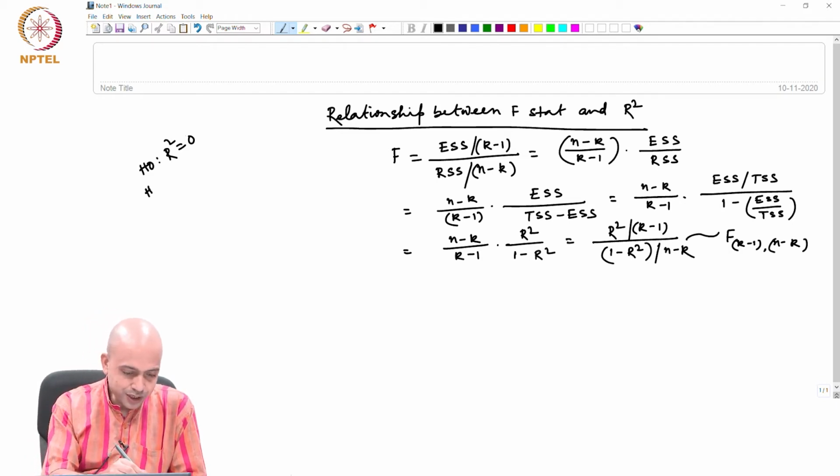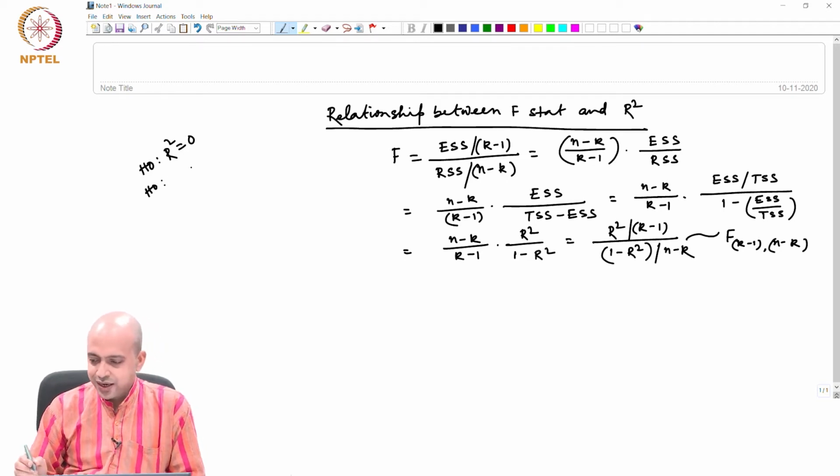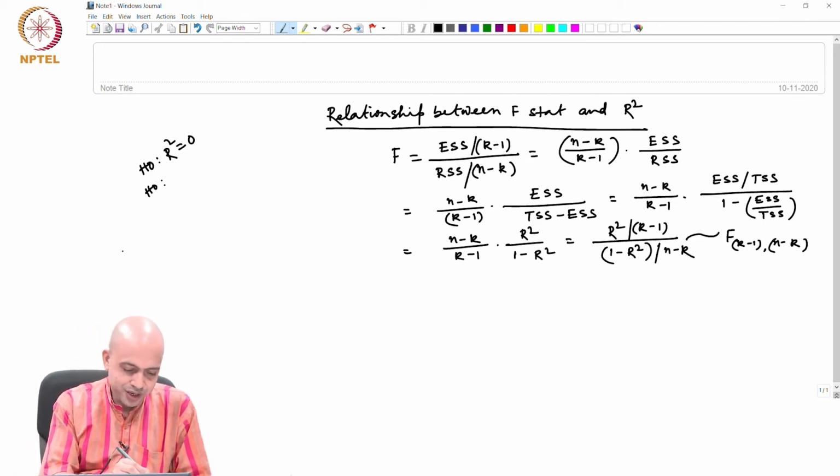Alternatively, we can write this hypothesis as follows. Let us say that our model was y i equals alpha plus beta 1 x 1 i plus beta 2 x 2 i plus u i. Then alternatively, we can write the null hypothesis as beta 1 equals beta 2 equals 0.